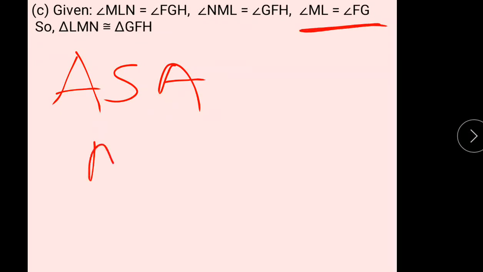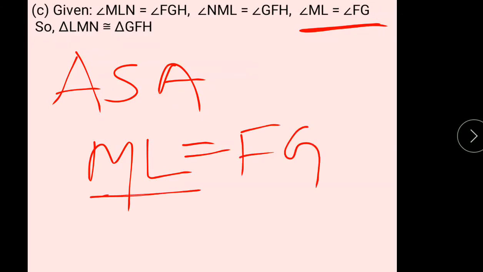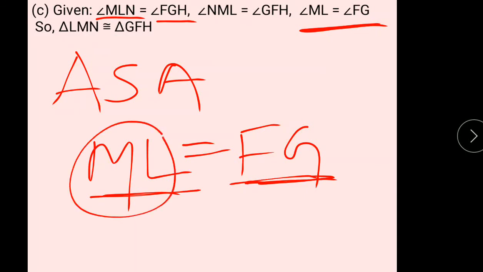ML is equal to FG means these are sides. If it has to be an angle, then there should be three letters denoting the angle. ML is only denoting the side, which are equal. So the property used here is the ASA congruency property, that is angle, side, angle.